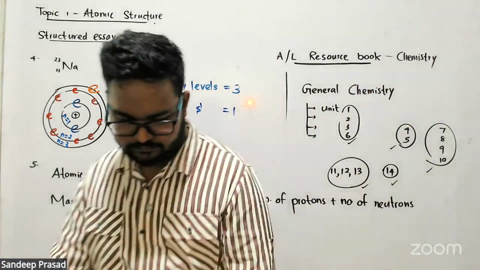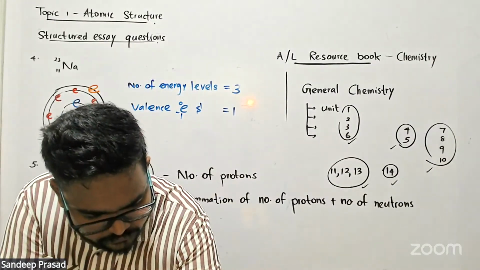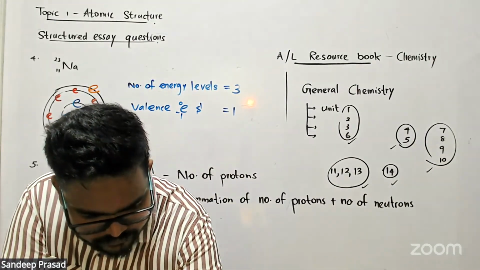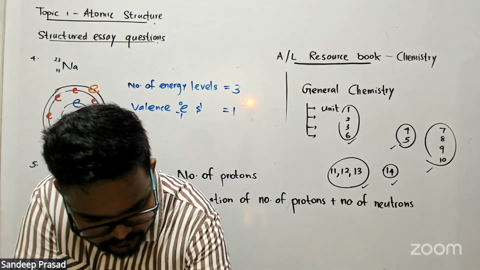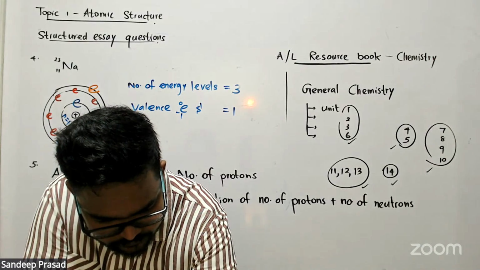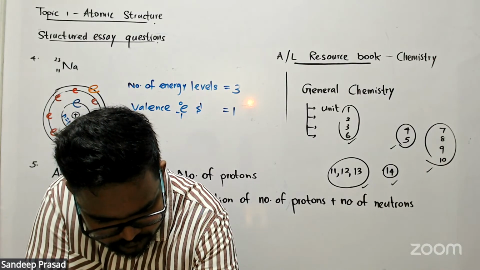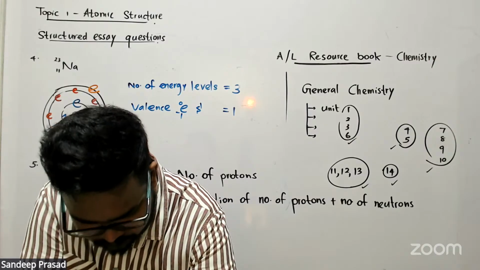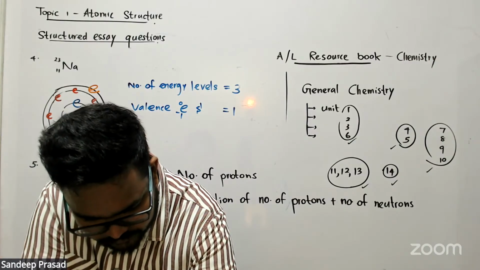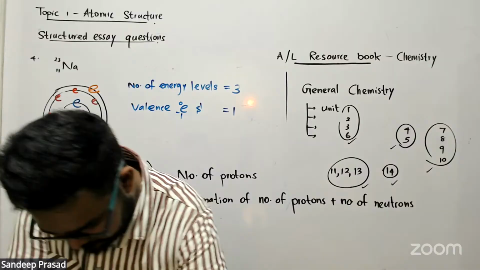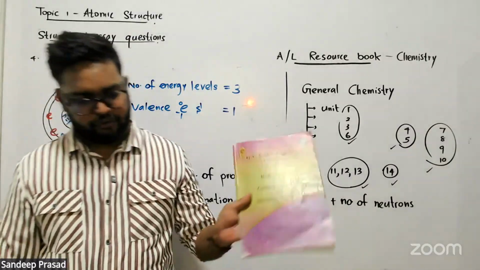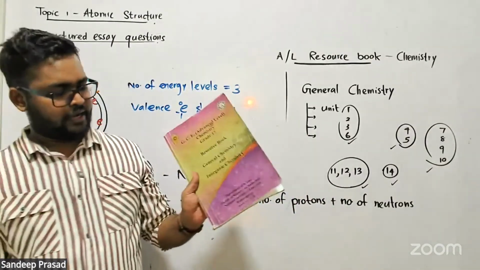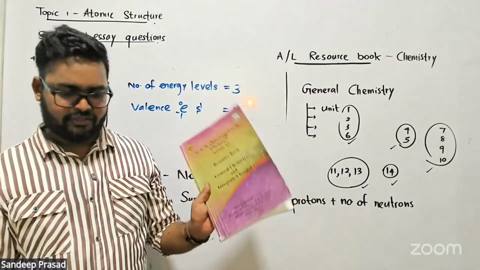Unit number 1. Okay. When I'm starting it, you have to buy it. That means now when you buy this resource book, you can keep this one until unit number 3.